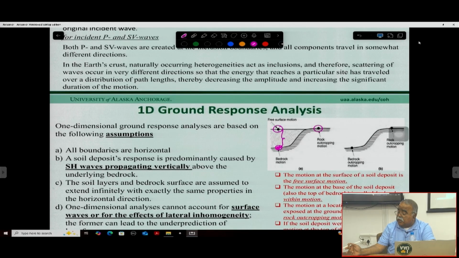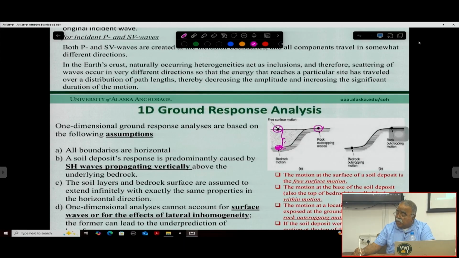So basically we are trying to understand, if the soil is there, how much amplification, and if the soil is not there, so that these are the same, how much will be the amplification, right?